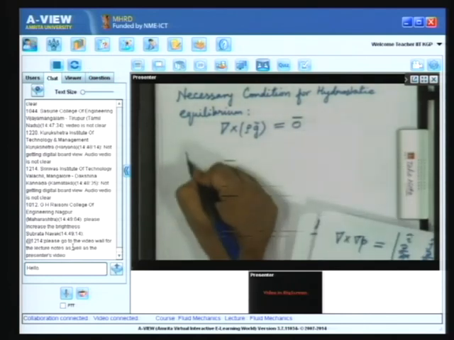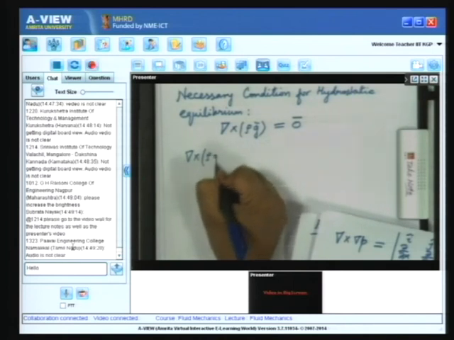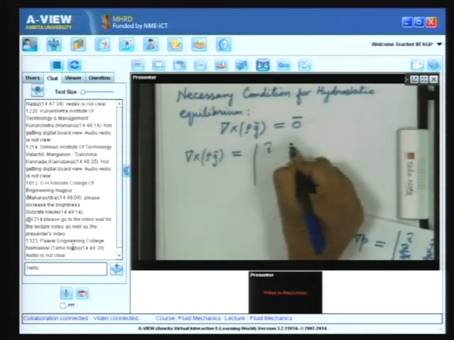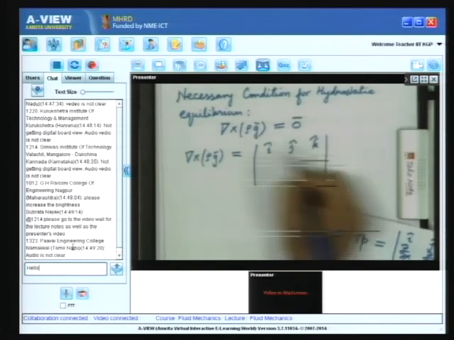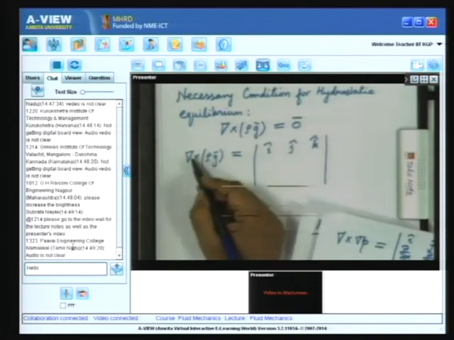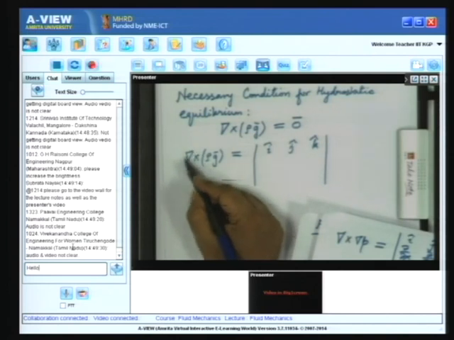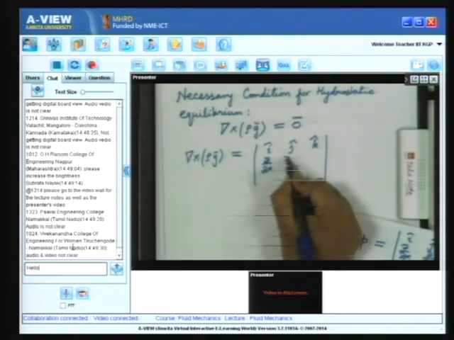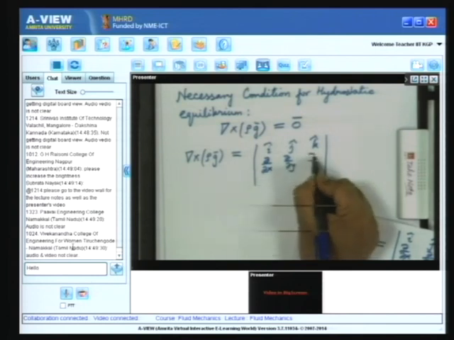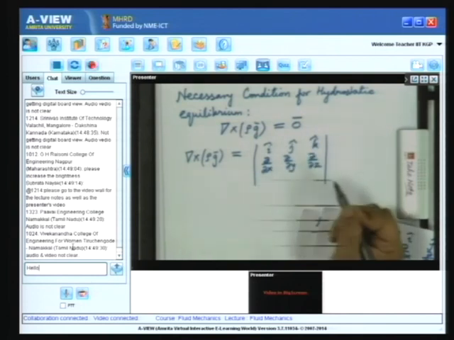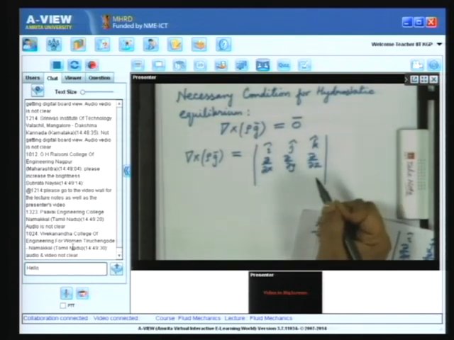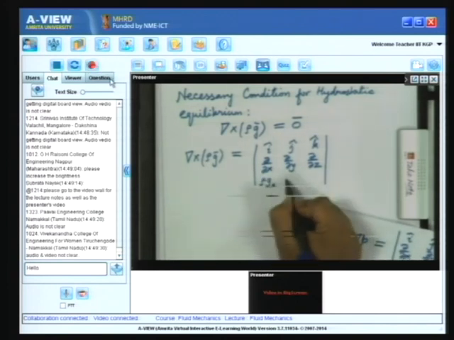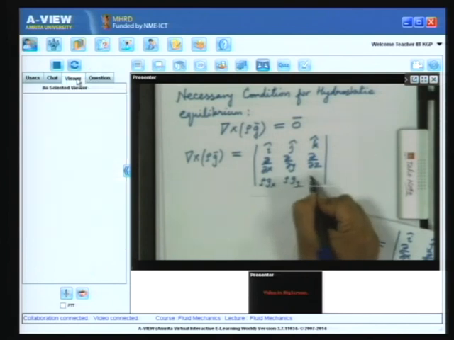Now, let us see what curl of rho g is by expanding it. This is given by this determinant: i, j, k in the first row. The second row will be the elements of grad, which you can view as del/del x, del/del y and del/del z, and here you are going to have rho g x, rho g y and rho g z.